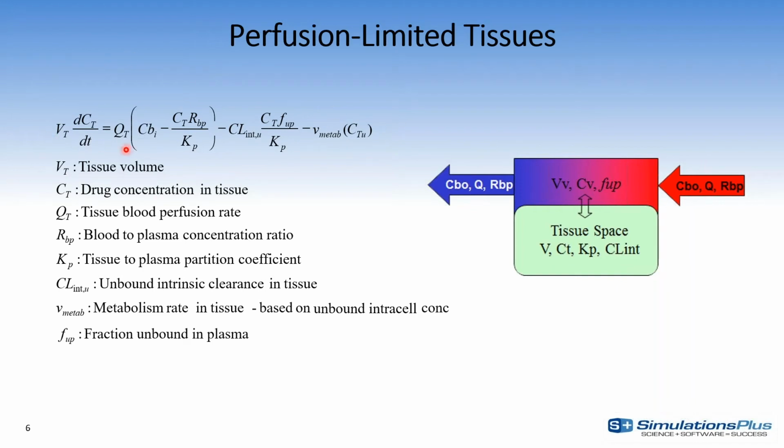So here is the model. Here's the equation we use in the perfusion-limited model to model the amount of drug change in that tissue. Kp, the tissue to plasma partition coefficient, describes the partition between the plasma and the whole tissue space.